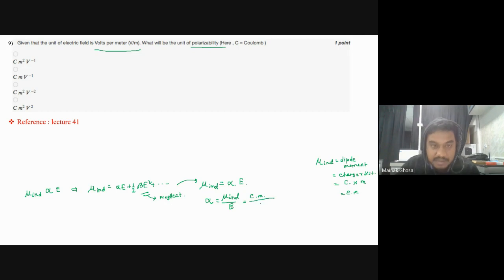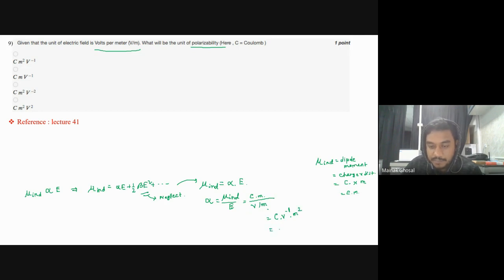And E is the electric field. Electric field has the unit V per m, volt per meter. So if I simplify it, this will be coulomb. Volt will be in the denominator, so it will come in the numerator as volt to the power -1, and meter will be there. Another meter will be here, so it will become meter square.